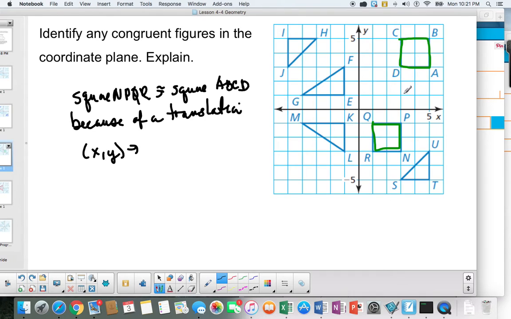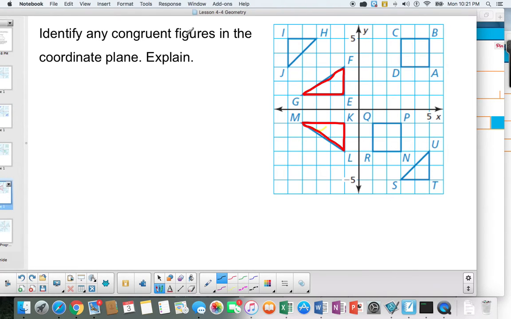If we're going from here to here, I'm going to count over 2, so that's going to be x plus 2. And then after I count up 2, I got to count up 1, 2, 3, 4, 5, 6. So this will be y plus 6. So these figures are congruent because there's a translation that maps one figure onto the other.